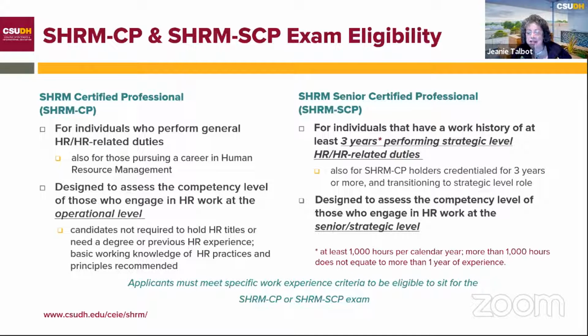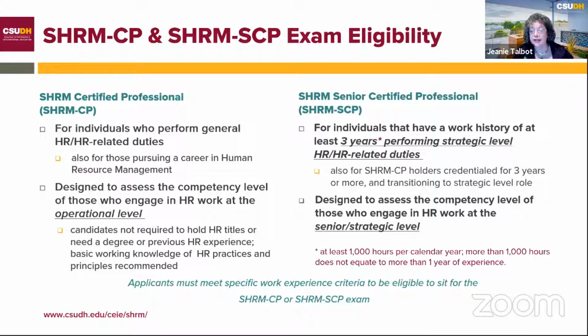For the SHRM Senior Certified Professional, the SHRM SCP, individuals need a work history of at least 3 years, totaling 1,000 hours per calendar year going from January to December, and performing strategic level HR or HR-related duties. Please note that more than 1,000 hours attained in a calendar year does not equate to more than 1 year of experience.